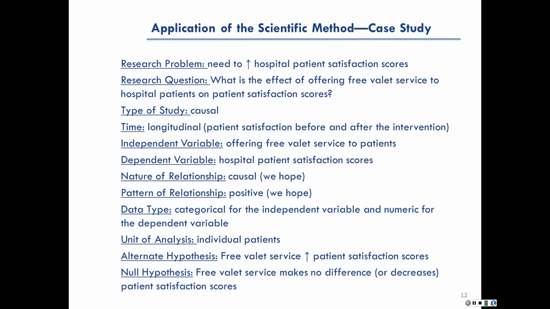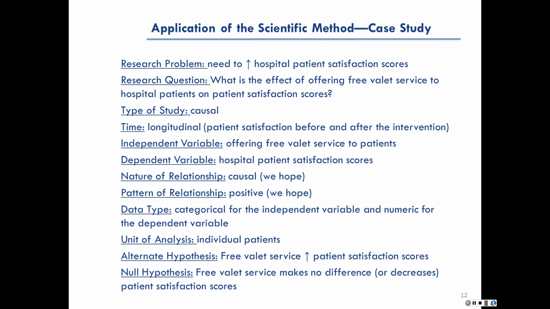Our unit of analysis here is individual patients. So this is a little tricky, you've got to think about it, because we want to know if our intervention affects patient satisfaction scores at our hospital, but we're looking for the impact on individual patients because it's individual patients that are offered the free valet service, and it's individual patients' satisfaction scores that are going to be in our data set.